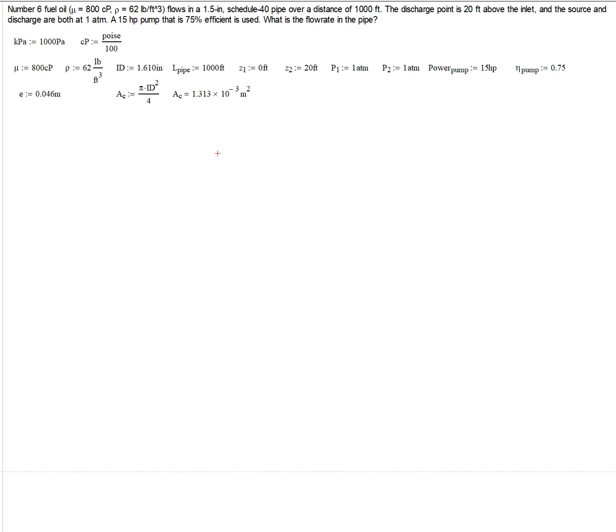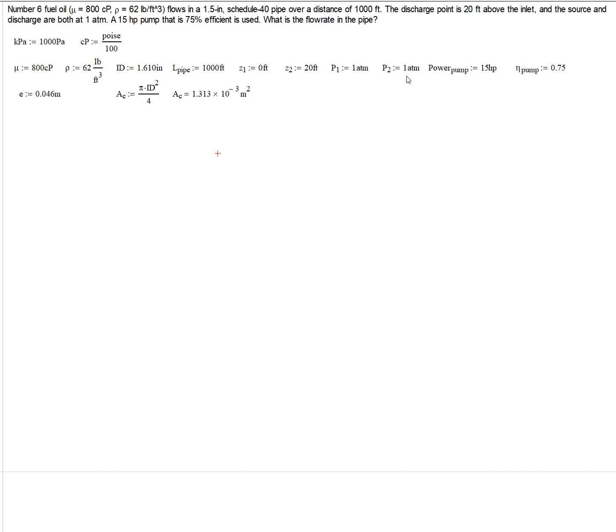And so we have a bunch of given information here that we've assembled. Our properties, again, remember that for piping we need to look up, based on the nominal, what the actual inner diameter is. Our pipe length is 1,000 feet. And then what are we told? The inlet or the source is at atmospheric, as well as the outlet.